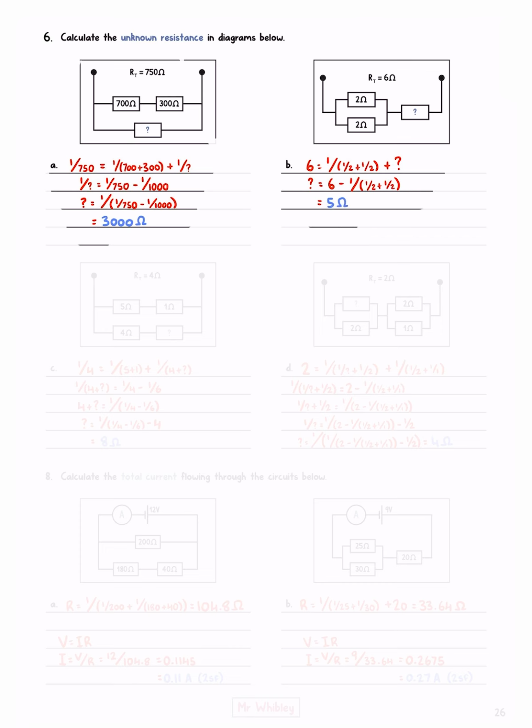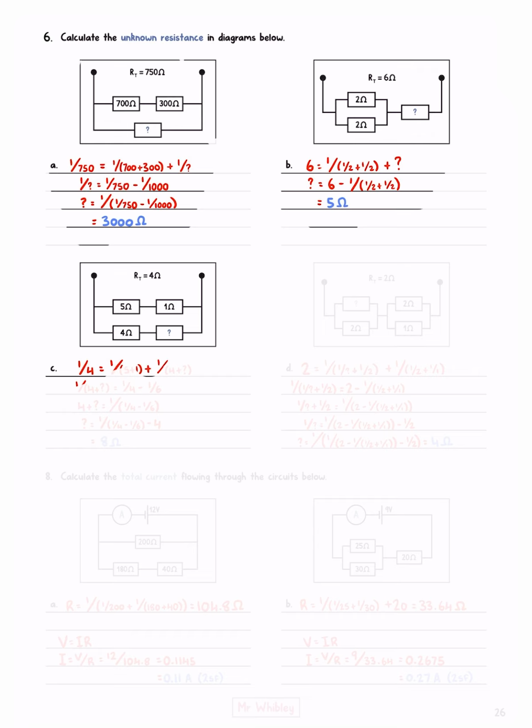In our next circuit, we have a total resistance of 4, and we have a 5 and 1 ohm resistor in series, which are in parallel with another branch containing a 4 ohm resistor and an unknown resistance. Because we have two branches in parallel, 1 over our total of 4 is equal to the sum of the 1 over resistances of each branch.